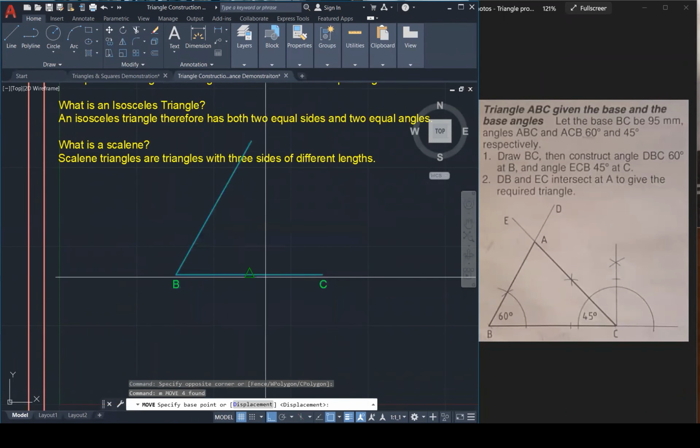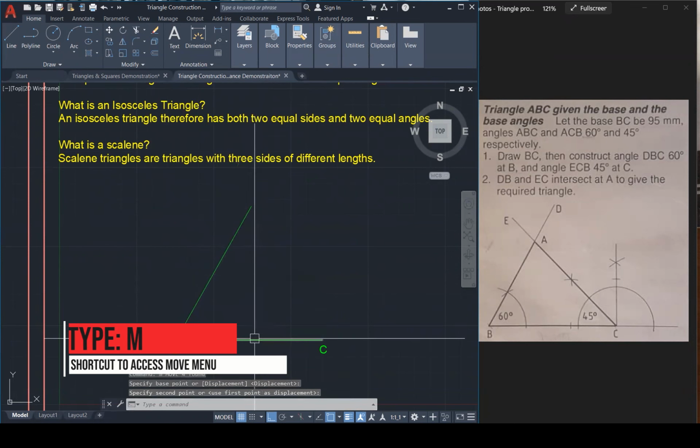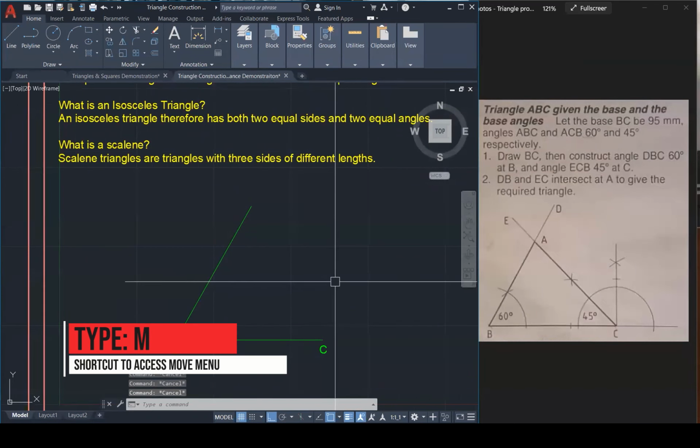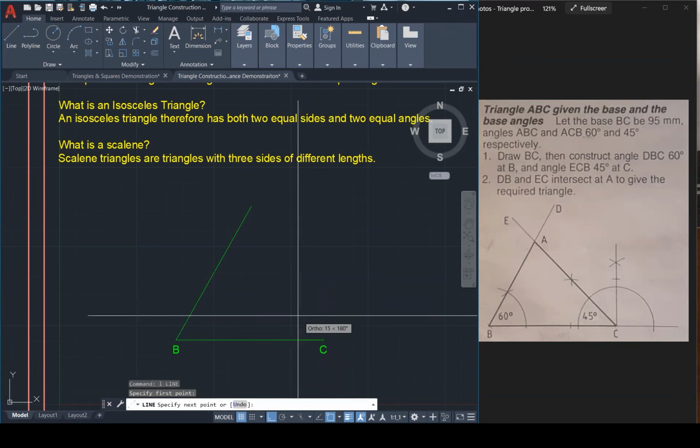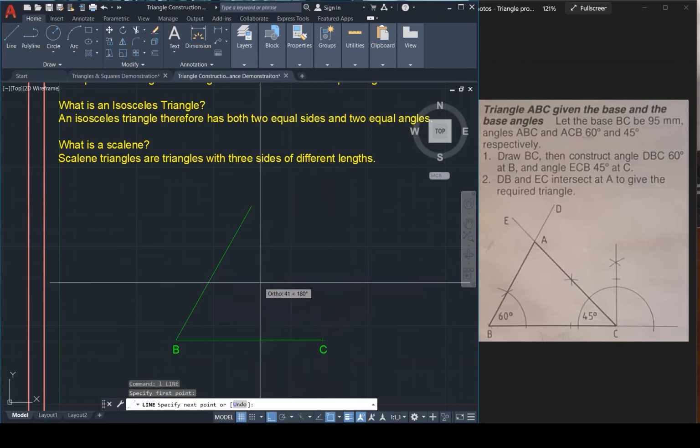Let me just move this out of the way and bring that down here. Now this other one is going to go in at 45 degrees here. So we can do that.